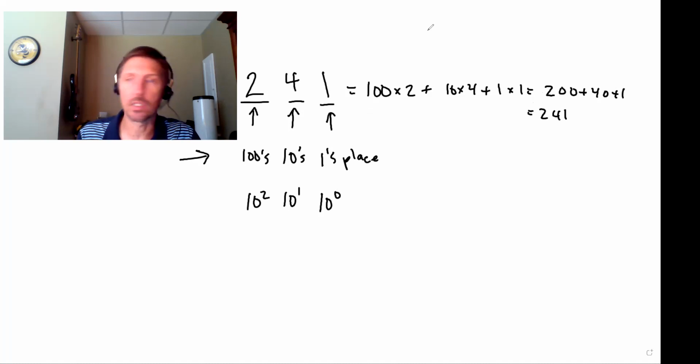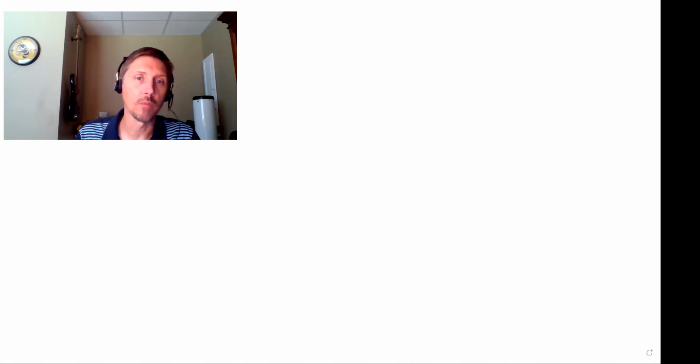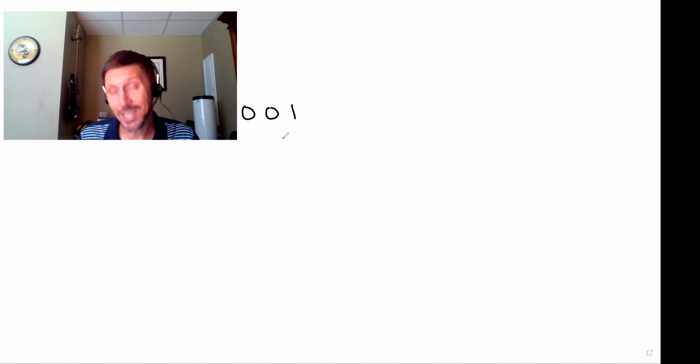Okay, so let's just take a simple example here. A binary number would look something like this: 1 0 0 1, right? It can only use ones and zeros. So when we think about how it works in our decimal system, it's the same way in the binary system. Instead of being powers of 10, it's going to be powers of 2, right?